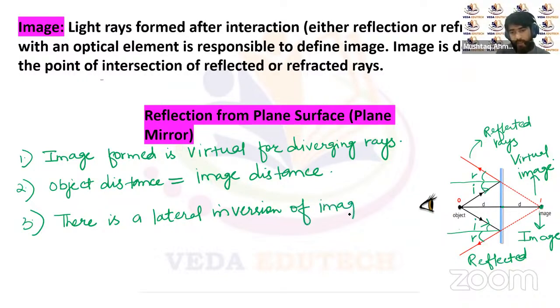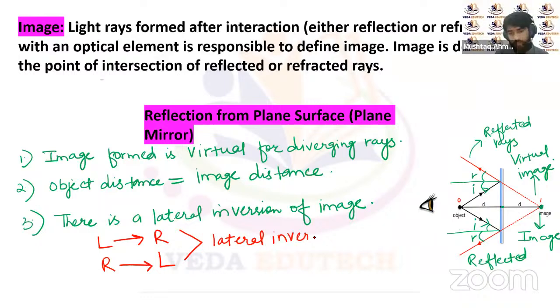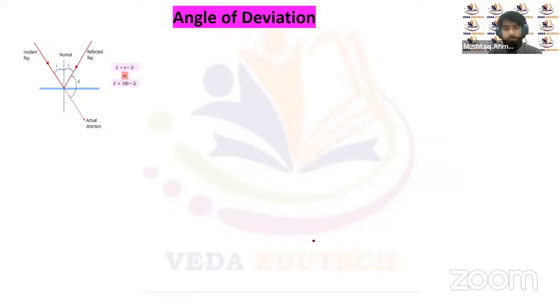It means that the left of the object appears as the right of the image, and the right of the object appears as the left of the image. This is what we call lateral inversion.